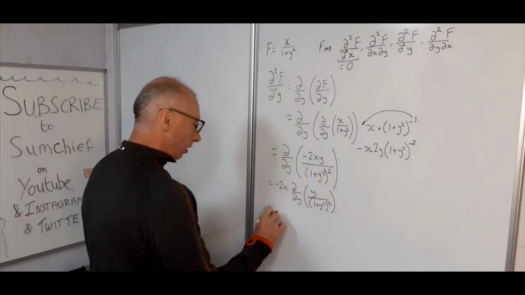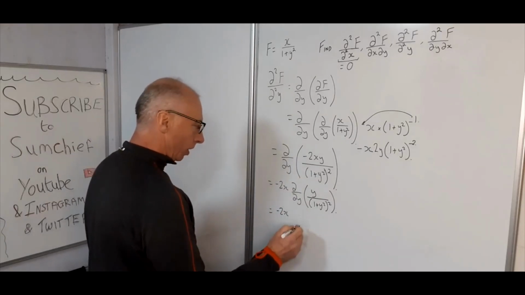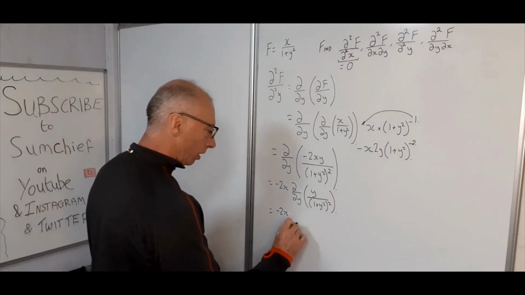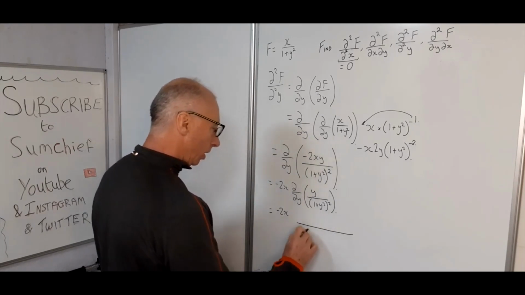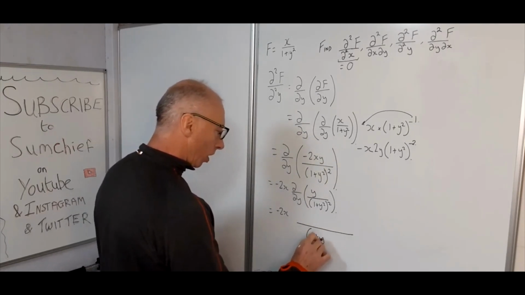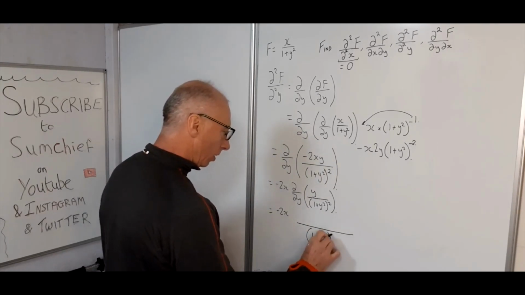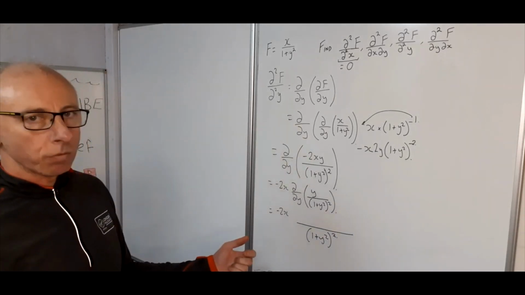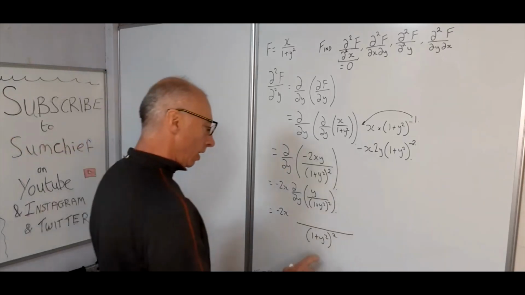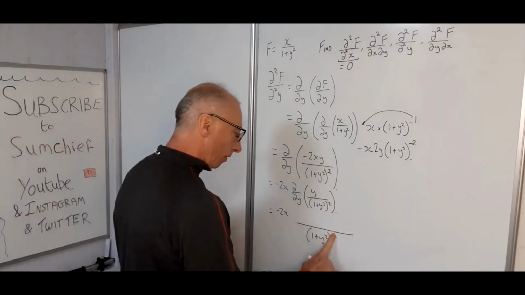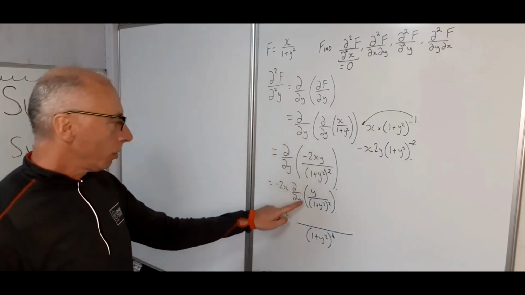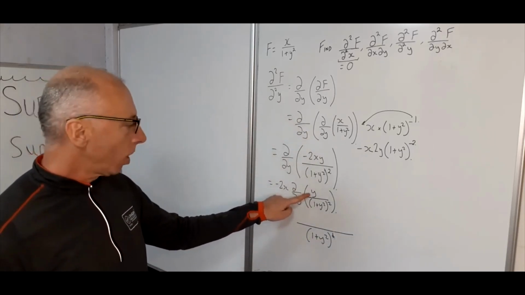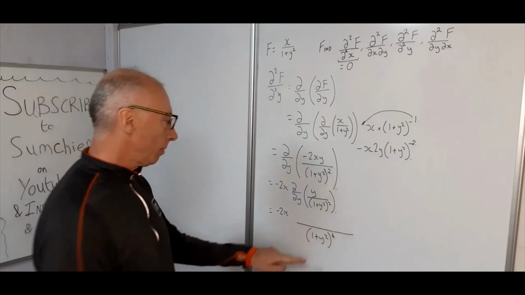So let's take the quotient rule. So we've got minus 2x, that will stay, and now what we can do is set up our fraction. So we've got 1 plus y squared squared, that's fine, and then with the quotient rule we will square this again, so then we can just bring this to the power of 4, that's fine, and then what we do is we take the derivative of y and bring the denominator up.